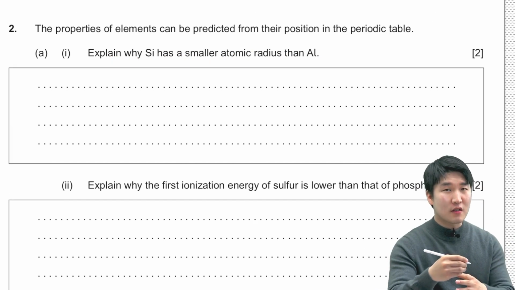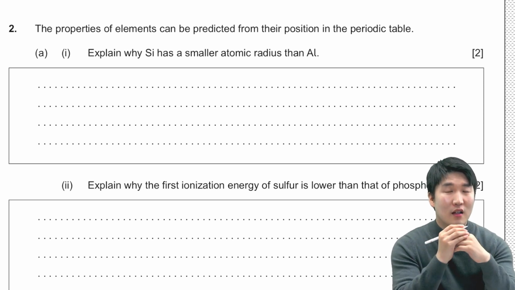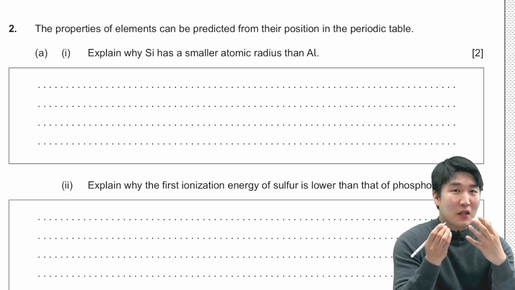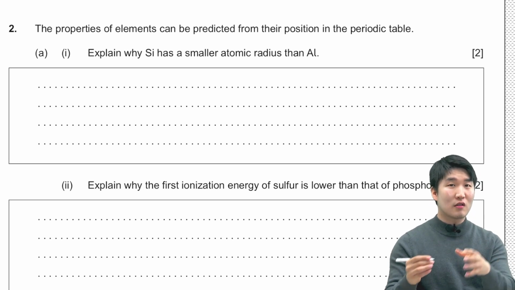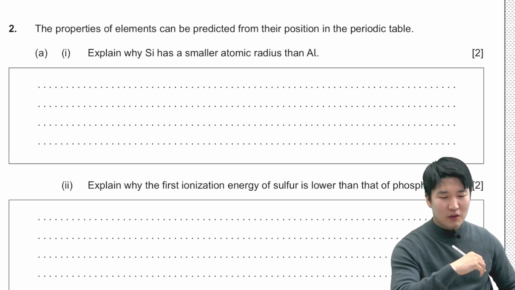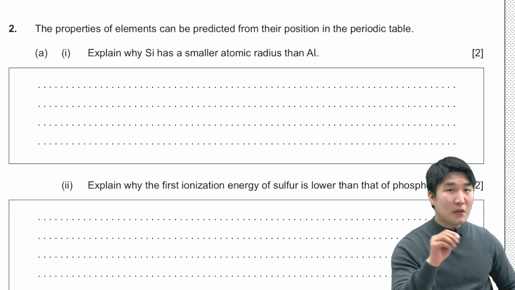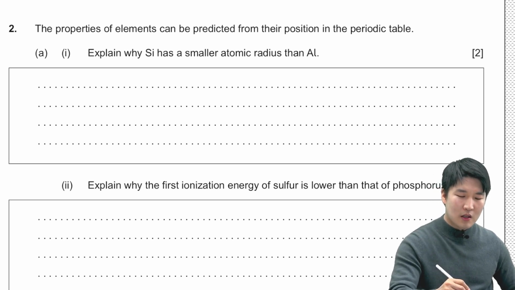The second question of this paper starts with the periodicity. Happens to be my favorite, and the first trend we're going to investigate is the general decrease of atomic radius across the period. We're going to look at period 3 that has aluminium and silicon, comparing why silicon has a lower radius than aluminium.